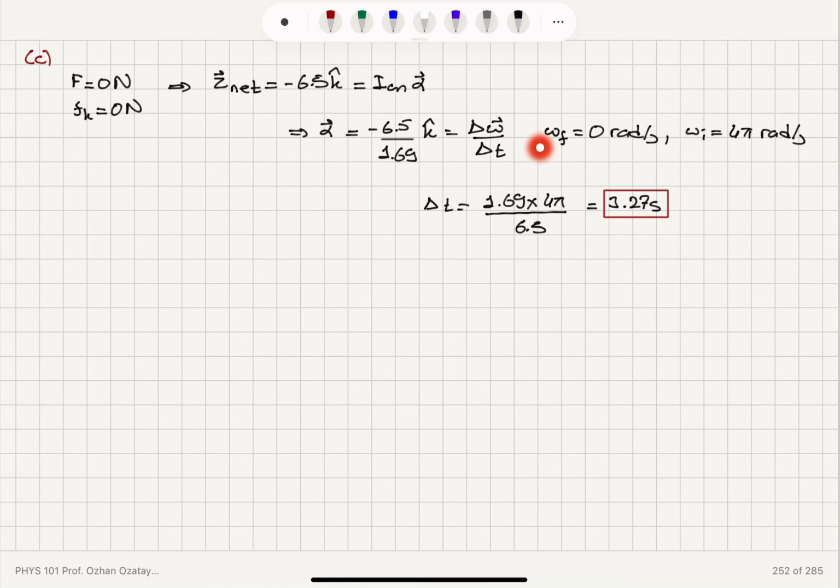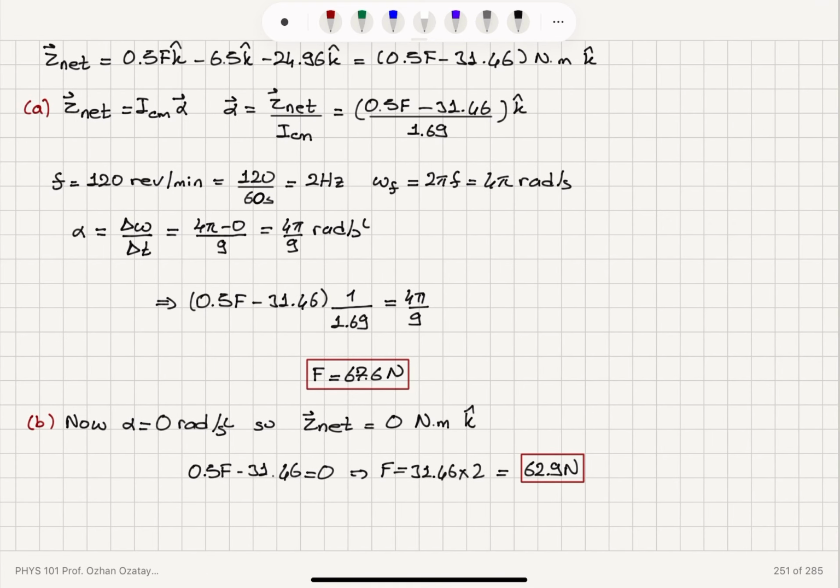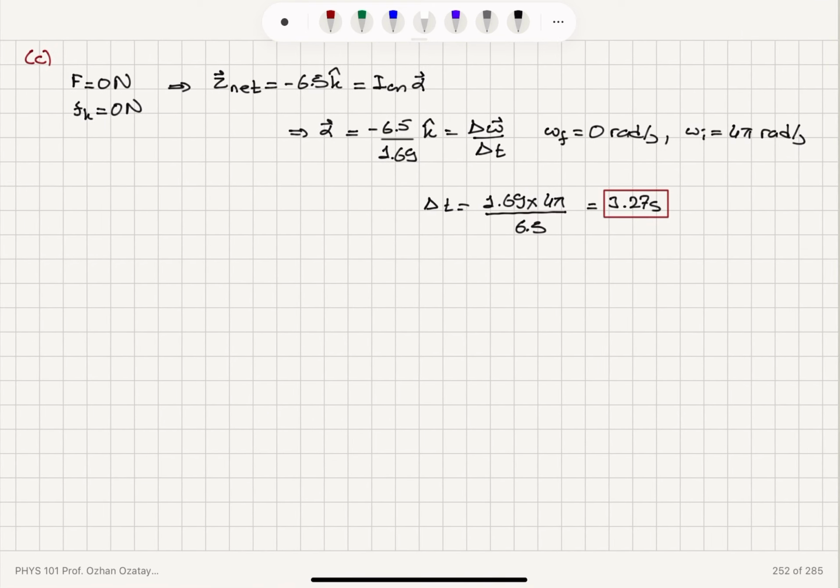So alpha will be delta omega over delta t. Final angular speed will be 0, initial 4 pi radians per second. That's what we have found in part A. So that gives us delta t equal to I delta omega over the torque applied by friction, 3.27 seconds.